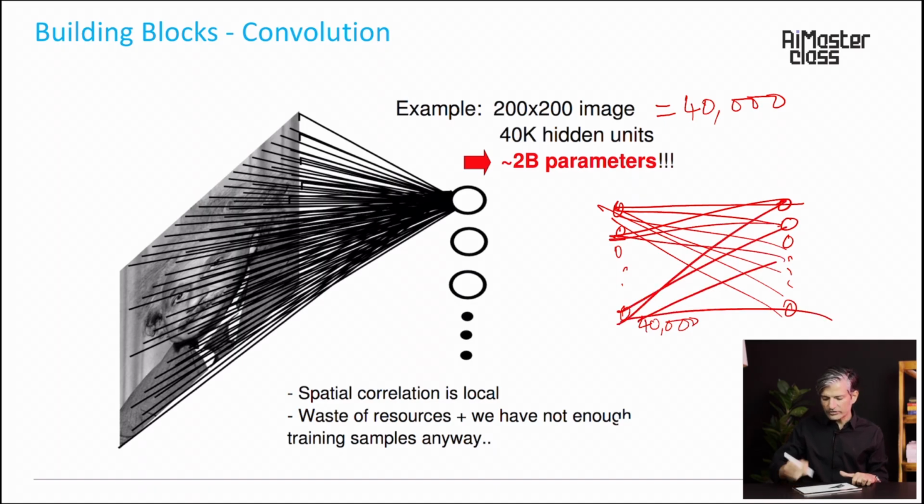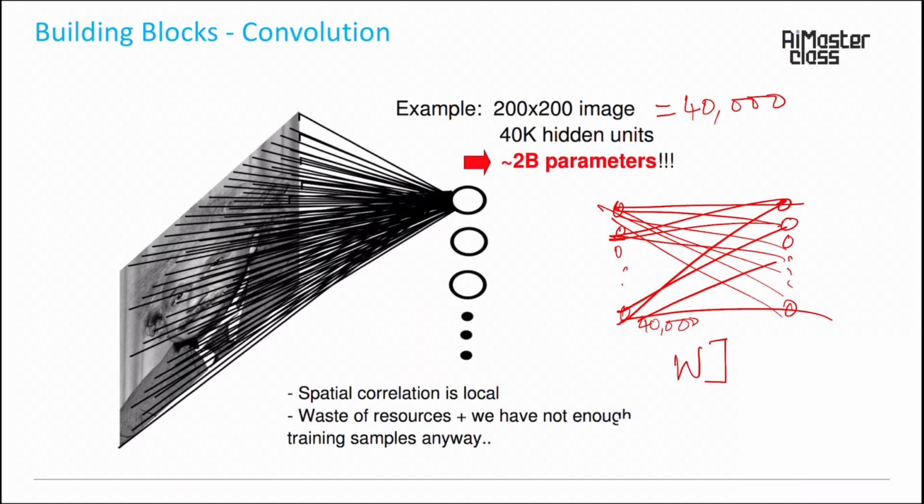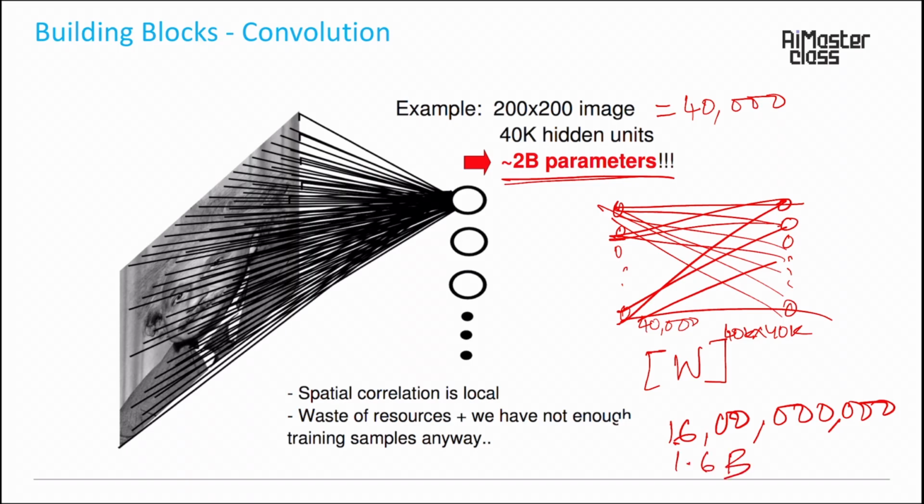So what is the size of this layer? What is the size of the weight matrix here? It's, as you know, 40k cross 40k. Right, so 40k cross 40k: 4 fours are 16, and then we have 2 zeros, and then we have another 6 zeros, right? So it's about 1.6 billion parameters.